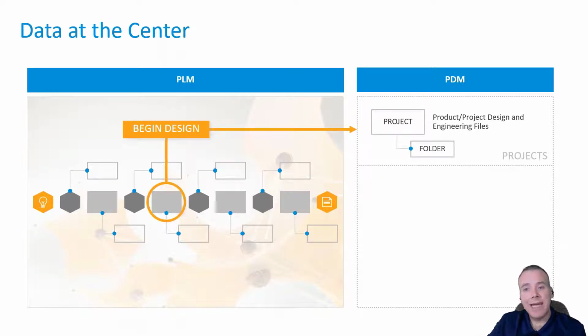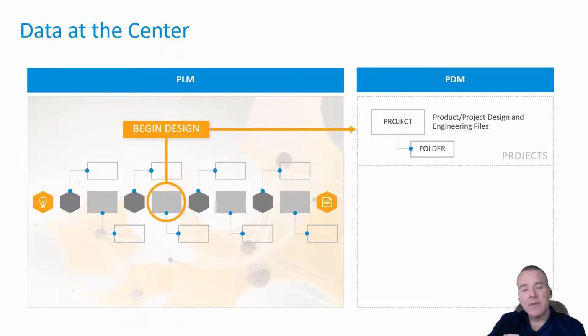We can store that data in our PDM solution, but we don't have to duplicate effort, we don't have to retype. We can actually integrate Fusion Lifecycle and Vault so that at the right stage of the process, we can have projects automatically created in Vault with an appropriate folder structure. The right information can go in those projects.